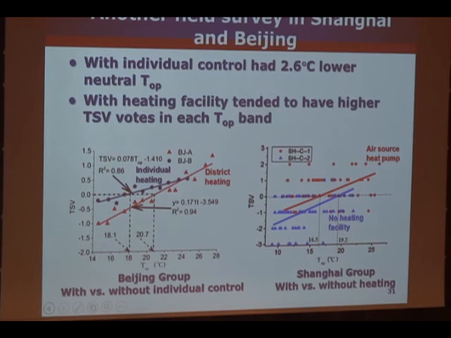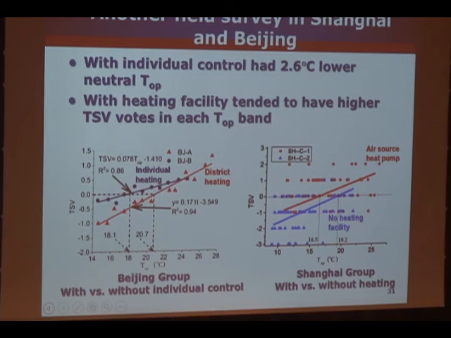Another field survey in Shanghai and Beijing for heating showed a similar result, with and without individual control, and with and without heating. This one is the same as the former one, and this one shows that with heating, no matter whether they use it or not, the feeling is better.